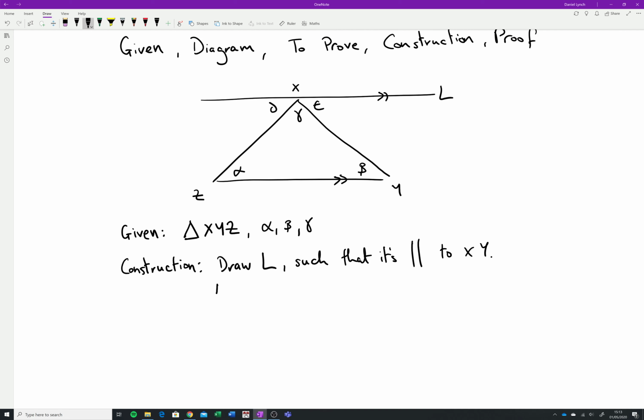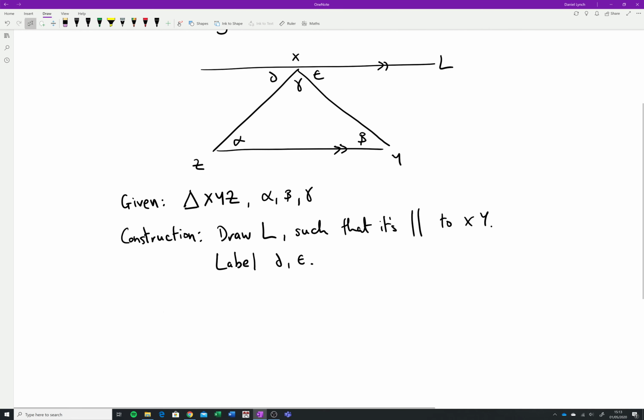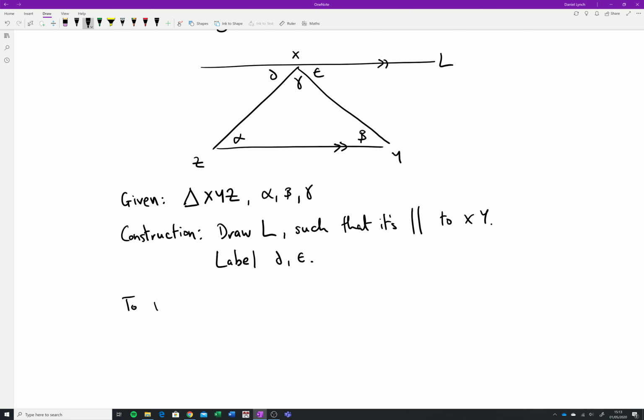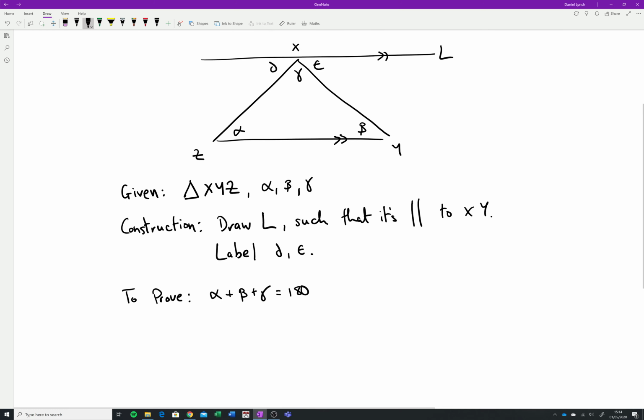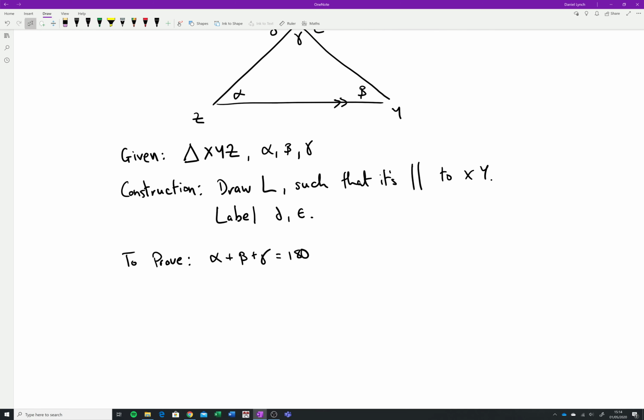And the other thing that we did was there was no mention of anything other than the three angles in the triangle, so we'll just label delta and epsilon. That's what our construction is. What do we want to prove? Well, we just want to show that alpha plus beta plus gamma equals 180. That's what it means when it says the three angles in any triangle add up to 180 degrees.